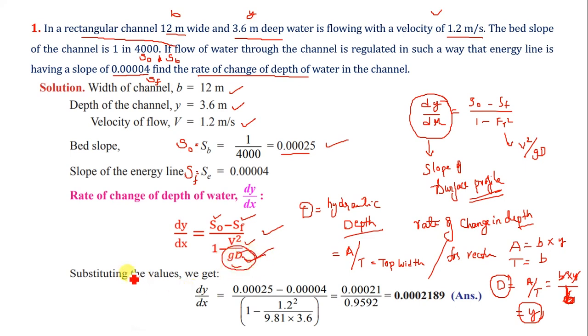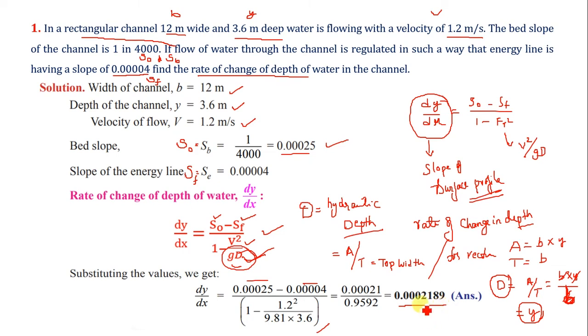Now on substituting S naught, Sf and the other parameters, what do you get? dy/dx equals 0.0002189. This value is the slope of the surface profile, the rate at which the depth changes with respect to the length of the channel, or simply the rate of change in depth.